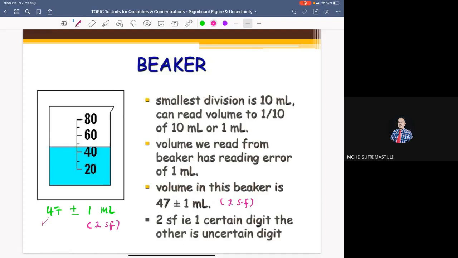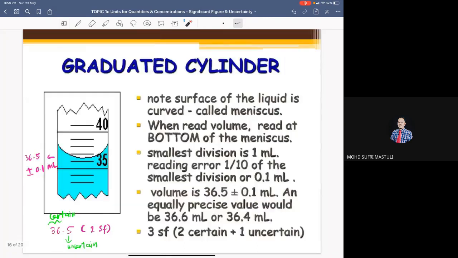This one is certain because it is confirmed, and this one is uncertain, it depends. It can be 48, it can be 49, because of the reading error of 1 ml. All right. Okay.